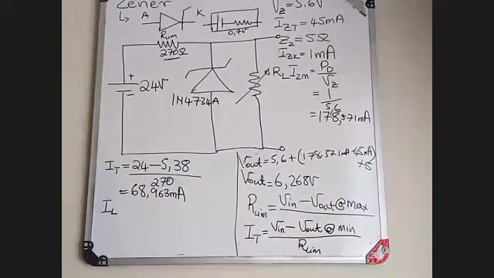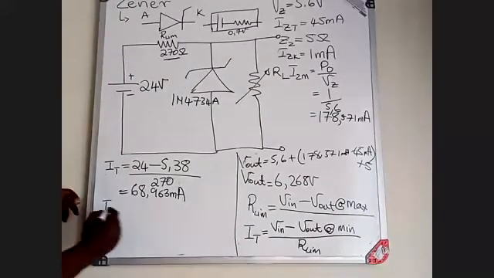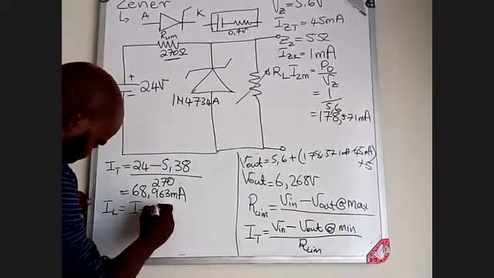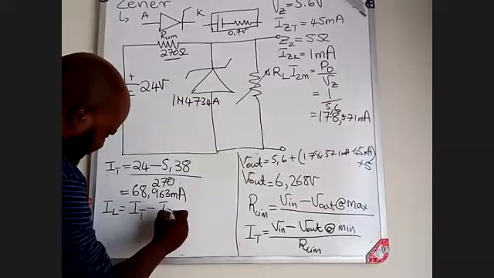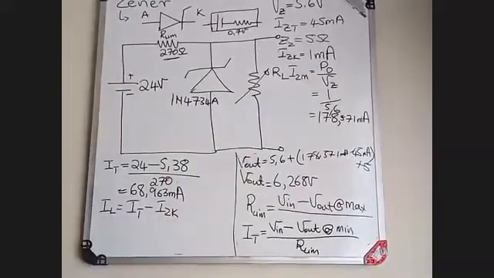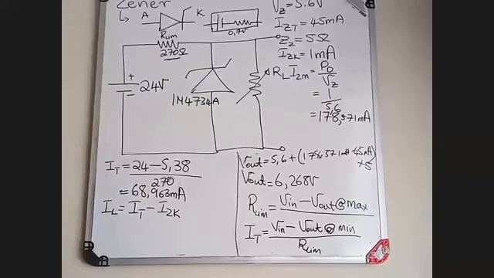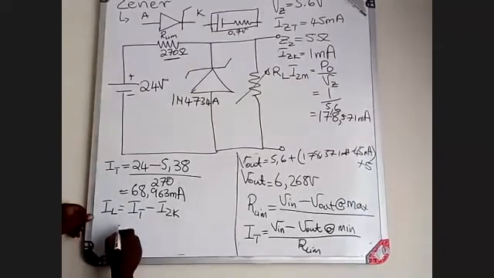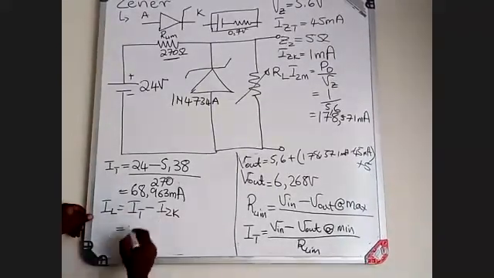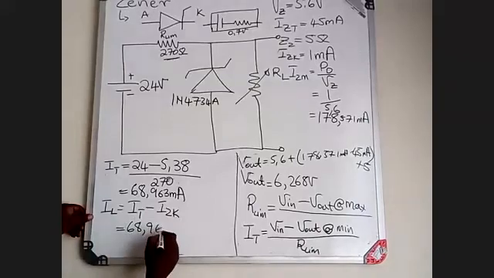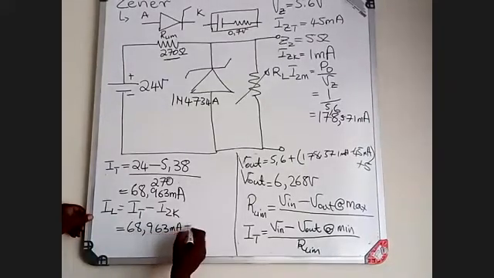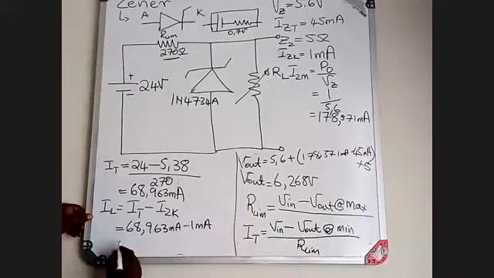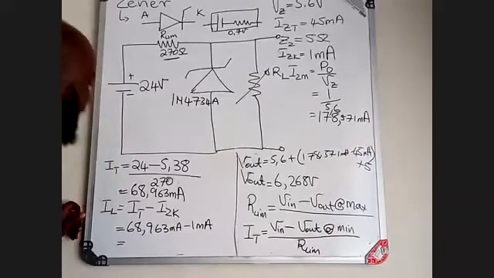Your current across the load will be given by your I total minus your I ZK. What is your I total? It's 68.963 milliamps minus your IZK, which is 1 milliamp.